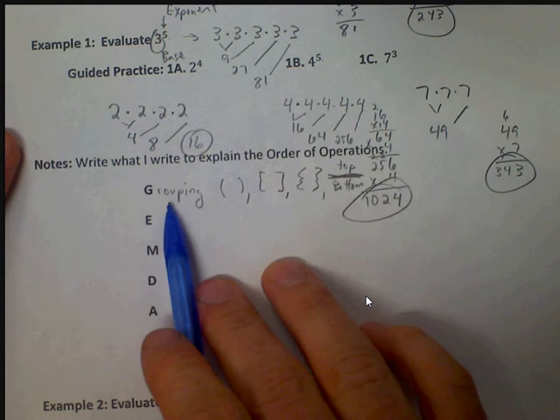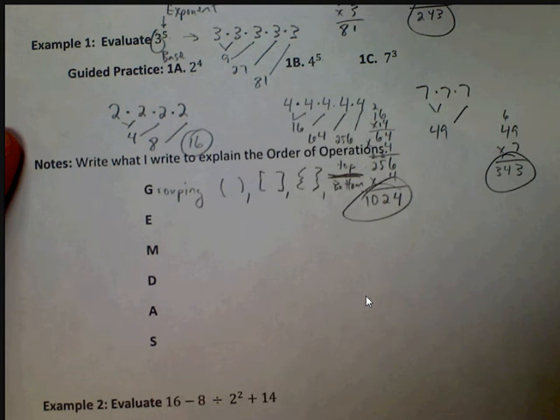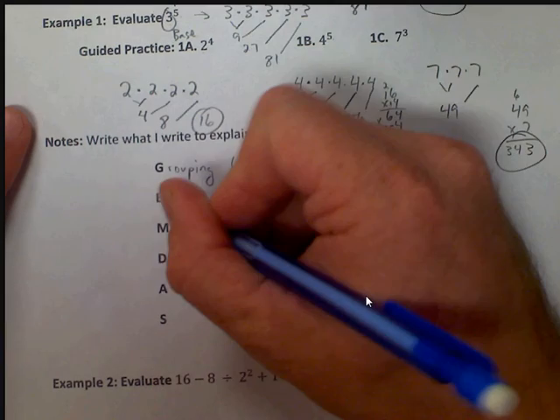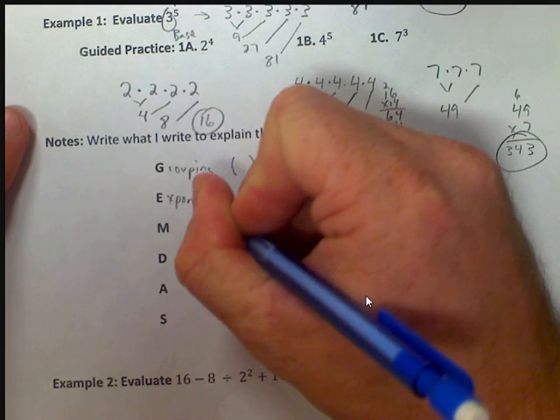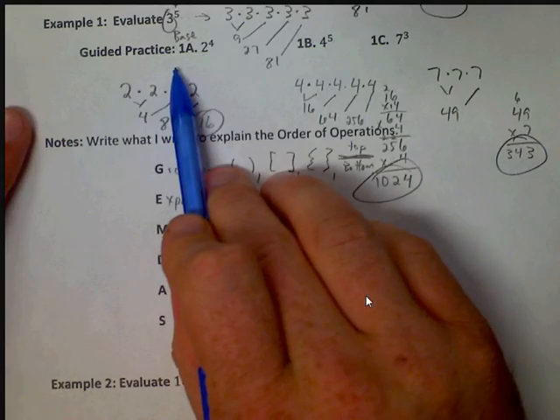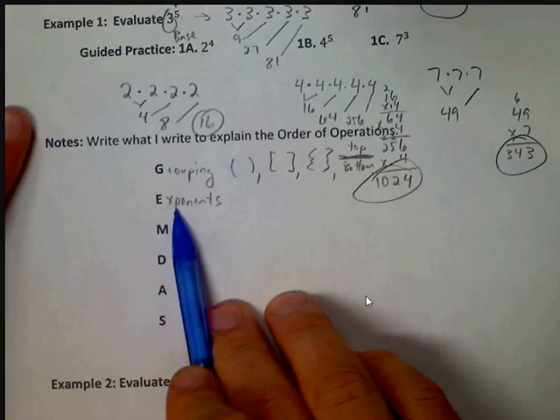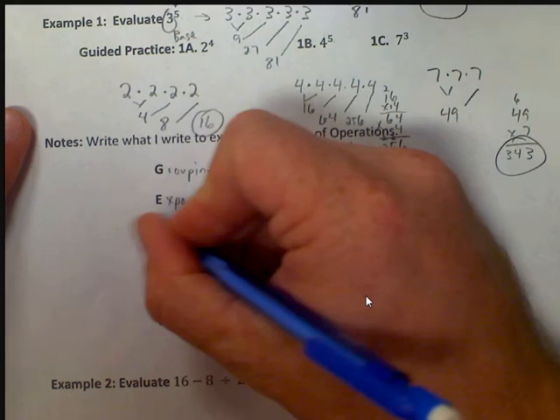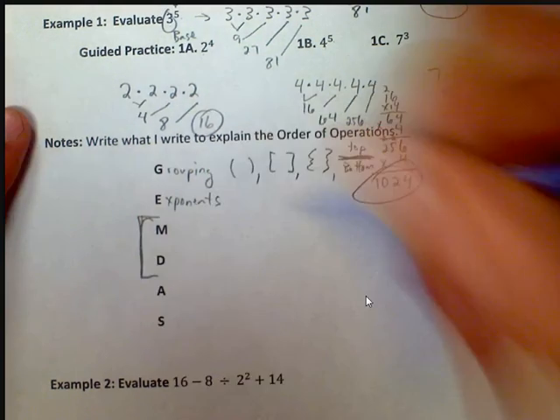We have to do grouping first, and some of us have heard of that as parentheses, but I like to use the word grouping. E stands for exponents. That is the reason why I taught you exponents up here. We have to do exponents next. Then we have M, D. I need you to bracket those together.